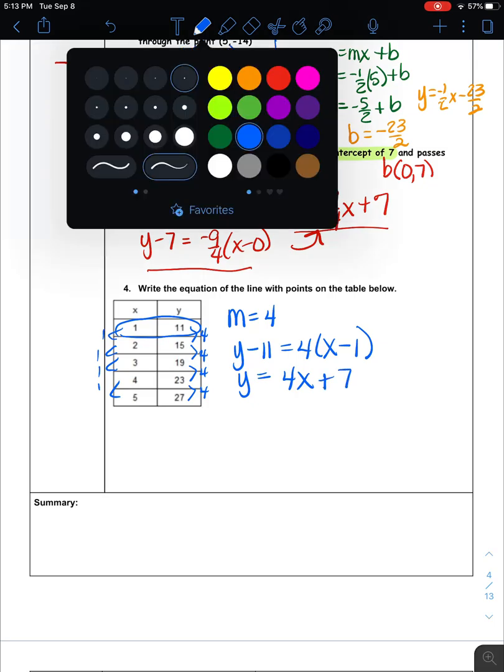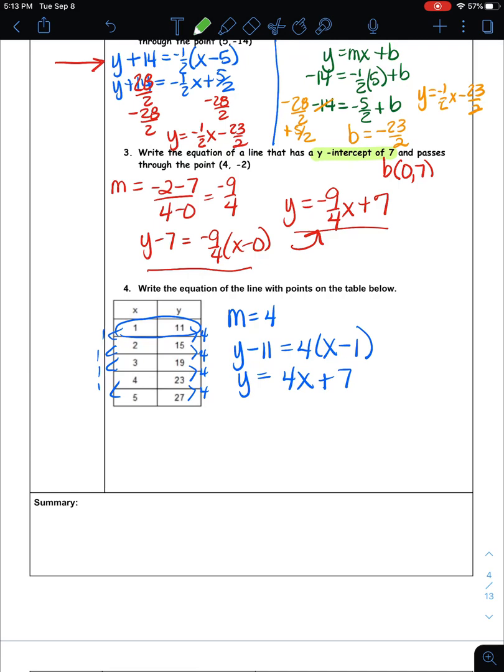Or again, you can use slope-intercept form and do y is equal to mx plus b, and you get that b is 7. So then you would have y equals mx plus b. Okay, again, that's slope-intercept form.